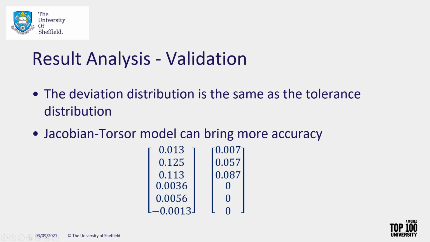The Jacobian-Torsor method can not only give translational deviation, but can also give rotational deviation. The deviation may be higher, because the joint can amplify the deviation, which is called the leverage effect. The result will be more accurate.